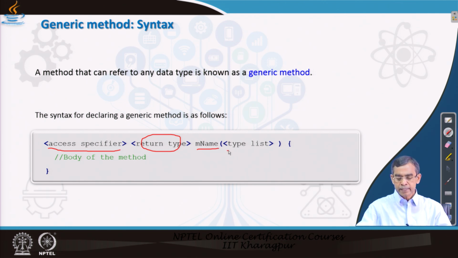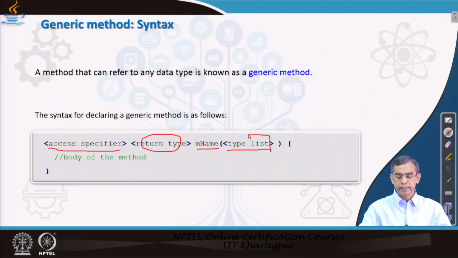Then here is the syntax that you should note very carefully. It tells what types this method can handle. So, in the list of types, you can make a type generic or specific. Specific means it always takes only one specific type of value; generic, on the other hand, does not.